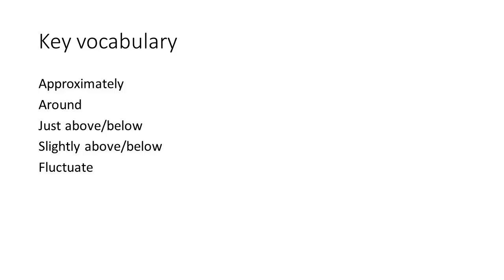Approximately and around are quite useful in these sorts of things. You can use them in other Task 1 academics as well. Expressions like just above, just below, slightly above, slightly below. These are also useful expressions that I use all the time. And of course you might need to use the word fluctuate as well.